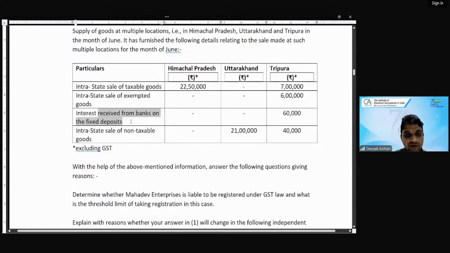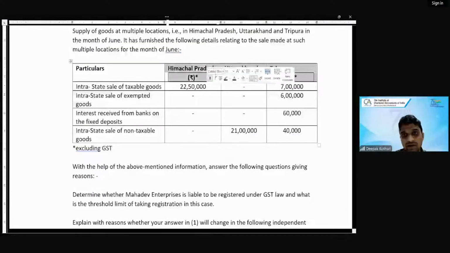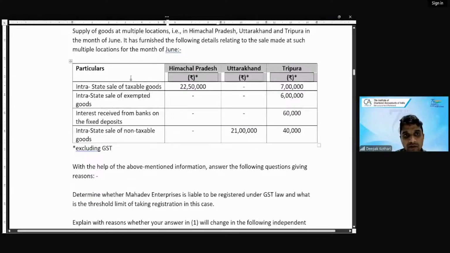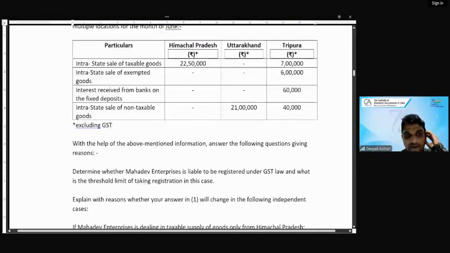Interest received from banks on fixed deposits is in Tripura for 60,000 rupees. Intrastate sale of non-taxable goods is 21 lakhs in Uttarakhand and 40,000 in Tripura. All of these values are excluding GST.